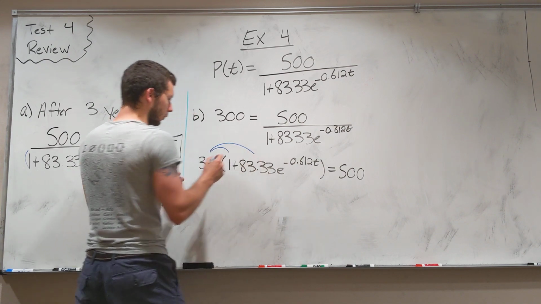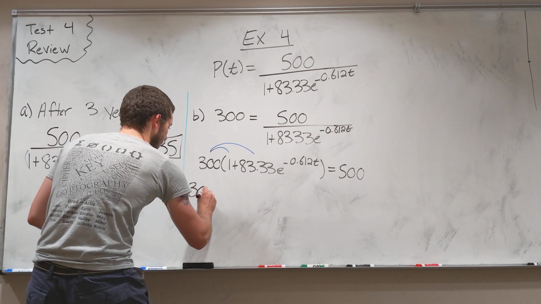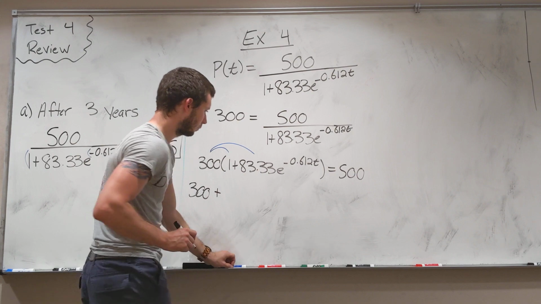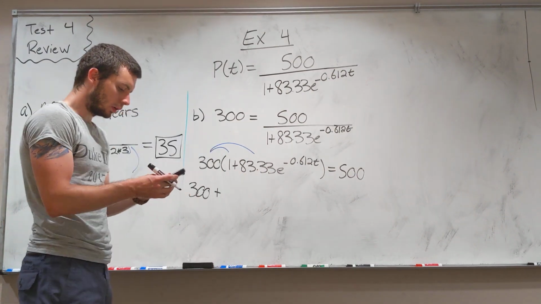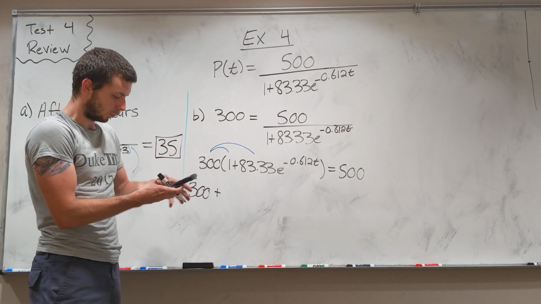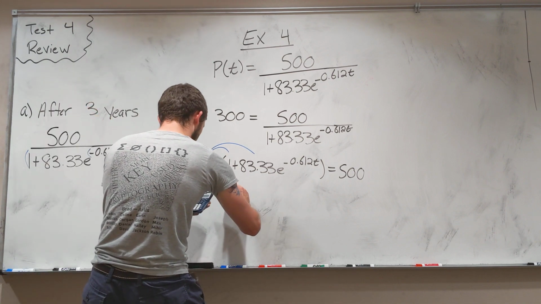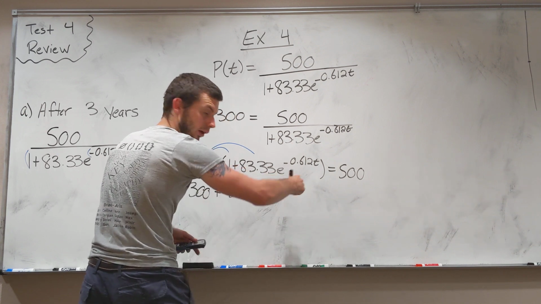I'm going to distribute, and what I get is 300, because 300 times 1 is 300, plus 300 times 83.33. So 300 times the 83.33, and it looks like we get 24,999, and then the e stuff carries over.